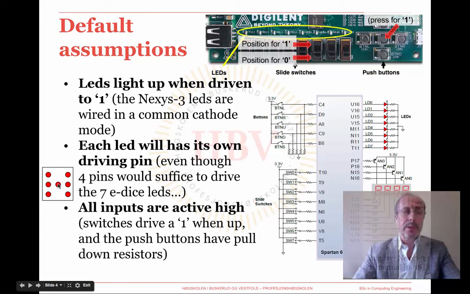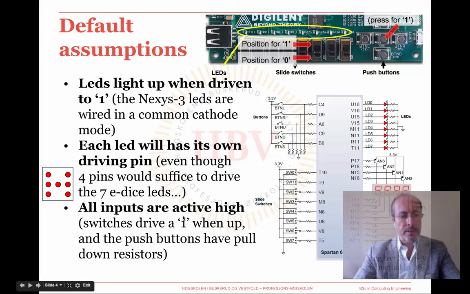Apart from this one, the top left always lights up in pair with the bottom right. The top right lights up in pair with the bottom left, and the 2 in the middle also light up at the same time. So 4 pins would be sufficient to drive these 7 LEDs, but because we have this wiring already available, we will simply use 1 pin for each LED.